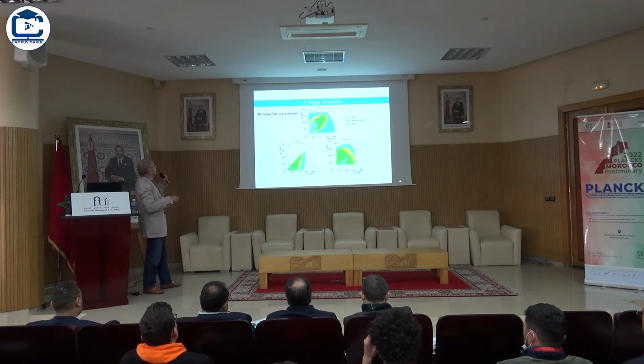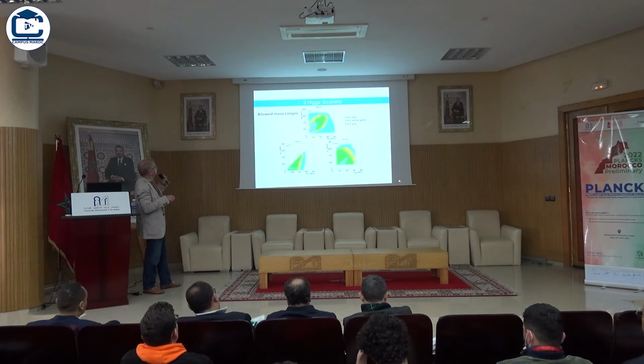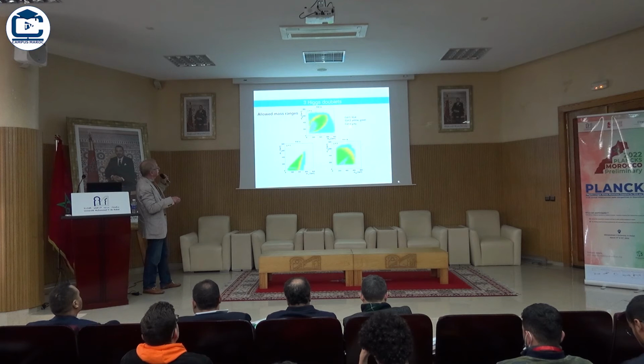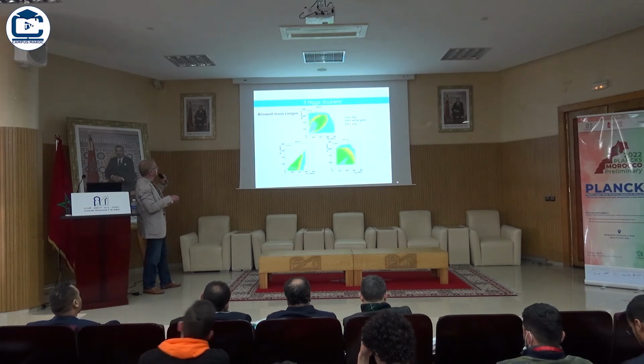So for the R21A, I have some plots here of the final constraints on the masses. Cut 1, 2, and 3 in different colors. The final cut is the gray one.